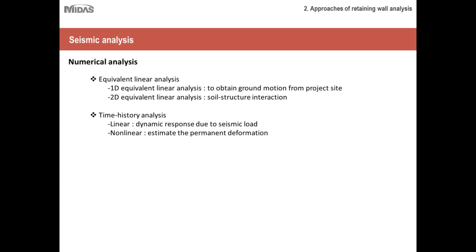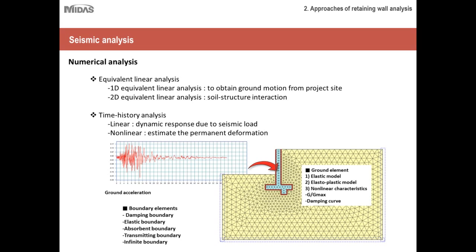You can consider it similar to pseudostatic analysis, if you really want to draw an analogy. But time history analysis has two branches, linear and nonlinear, and linear analysis is useful for determining the dynamic response due to seismic loading.